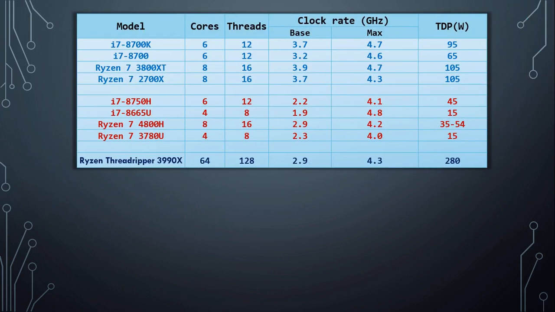Coming to the next, let us compare a couple of Intel and AMD processors, so that we will be able to know what the differences between them are. So, you can see the last two columns; the second last column is the clock rate.